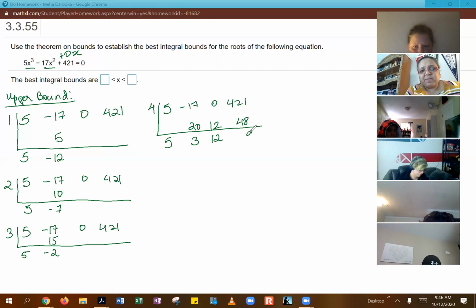So this will become 5, 3, 12, 469. So all non-negatives in here, which means our upper bound is going to be number 4. Okay, so that's the number we are going to put here on this side.